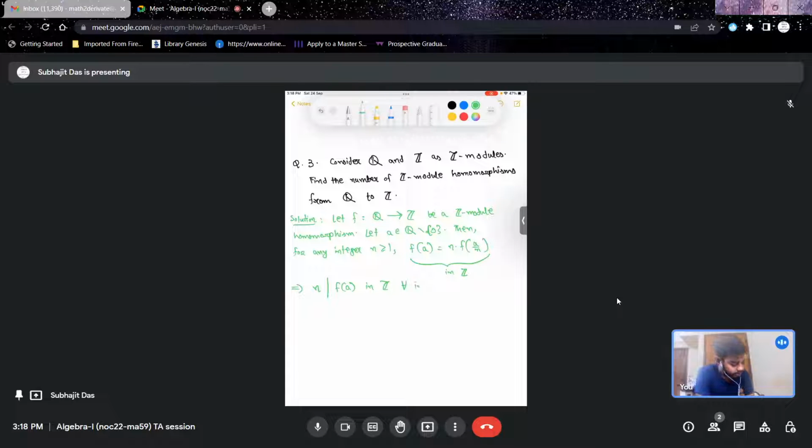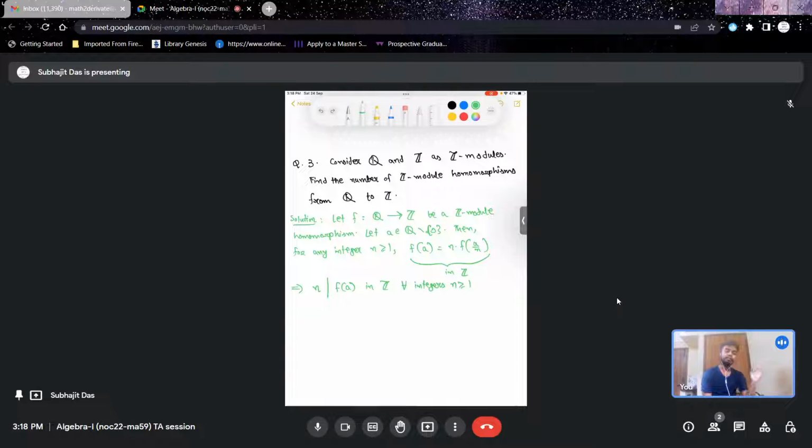For all integers n greater than or equal to 1, right? Now if f of a is an integer, and if n divides f of a for all integers n greater than or equal to 1, what does that mean? Clearly f of a cannot be some non-zero integer, right? Because if it were some non-zero integer, then it would have a finite number of prime factors, right?